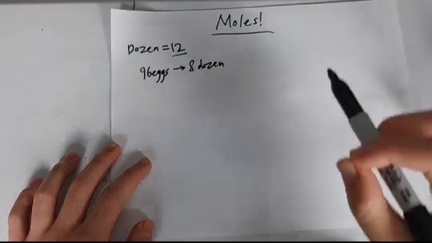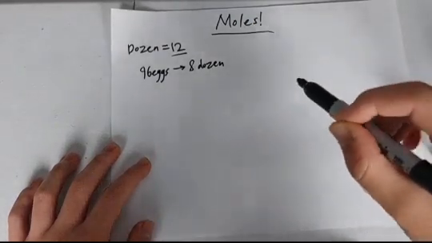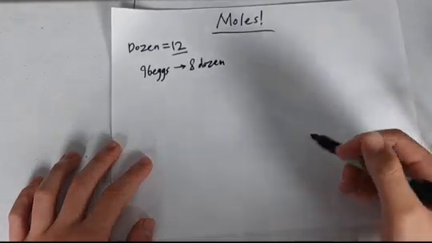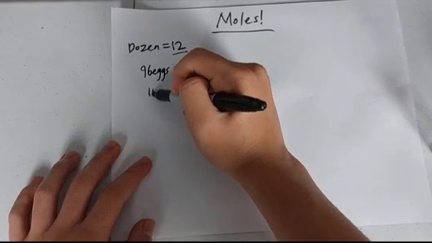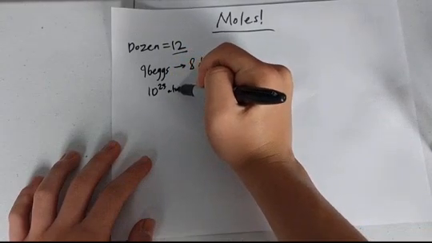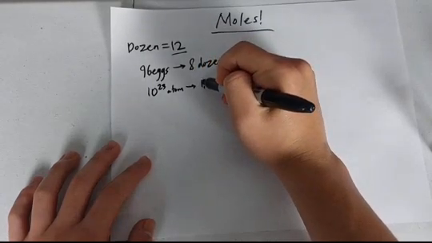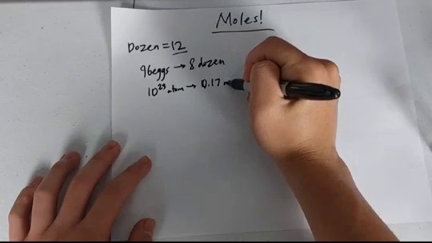Even a small, tiny sample of a substance often has way too many atoms to be able to count. So instead of saying something outrageous like 10 to the 23 atoms, you can condense it into 0.17 mole.